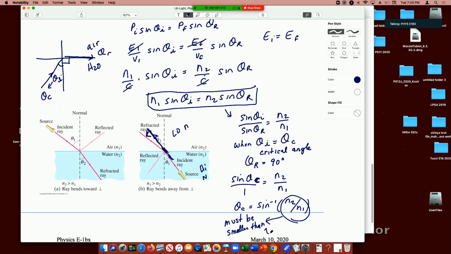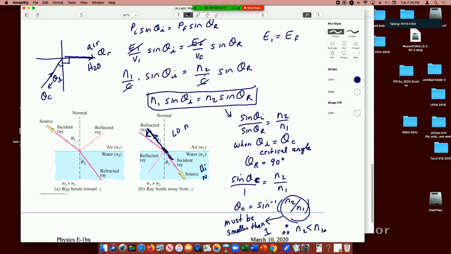Does that make sense mathematically? The sine function wouldn't work if that wasn't the case, right? Sine can't exceed 1. So what does that mean about n2 versus n1? Right, exactly. Therefore n2 has to be smaller than n1.